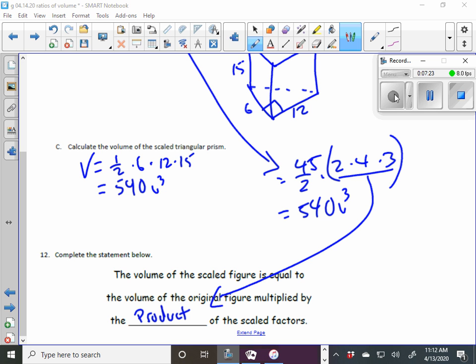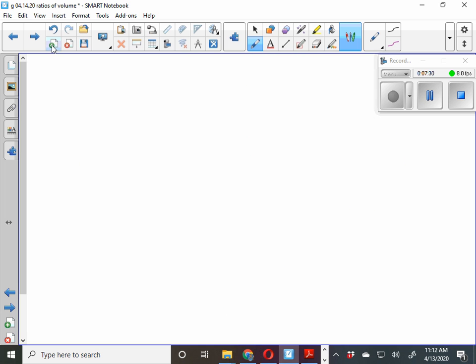Okay, so this last concept was not as important as the basic idea, you guys. We've seen this before. If you have the ratio of the sides is, say, 2 to 3, then we know the ratio of the areas is going to be 4 to 9.